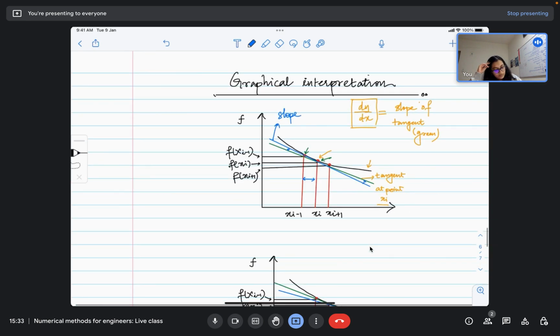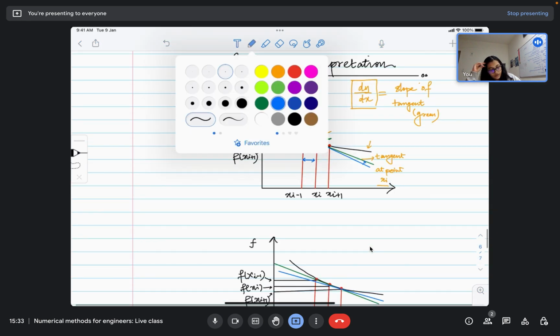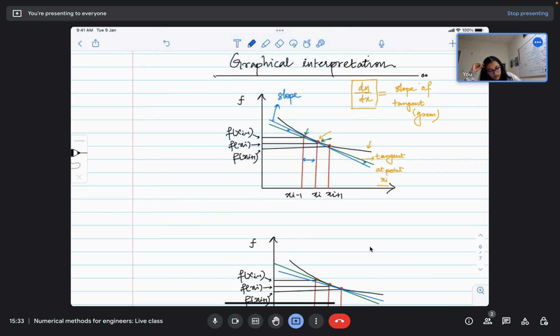Similarly, with the same concept, so this was for your backward difference formula.